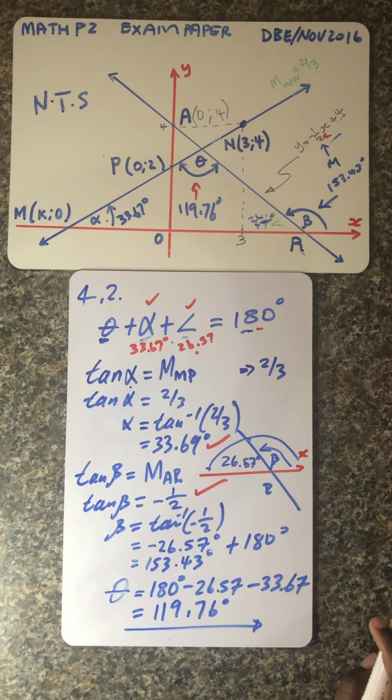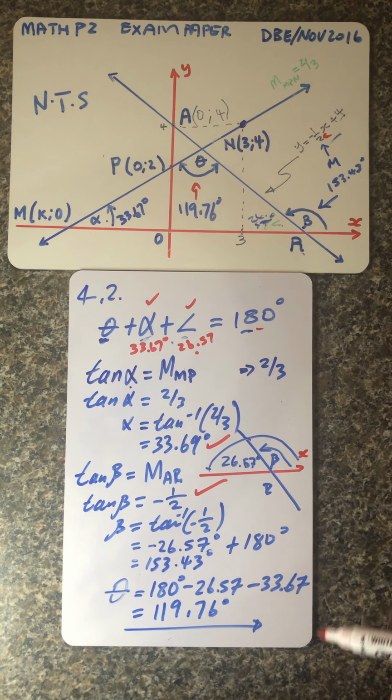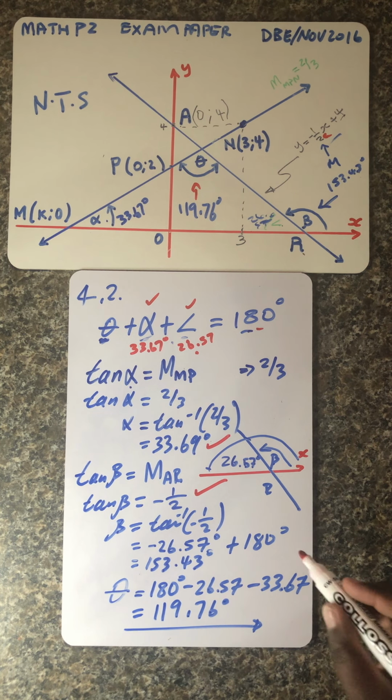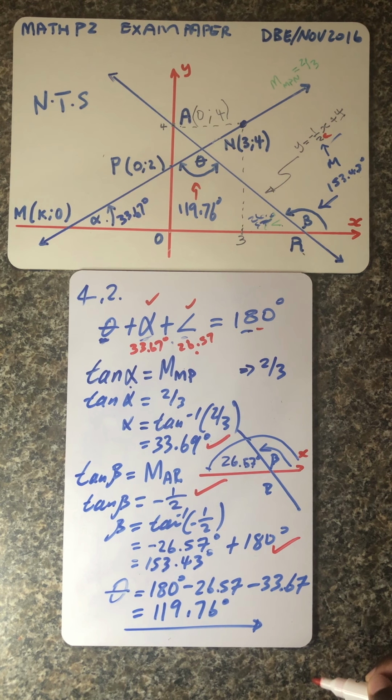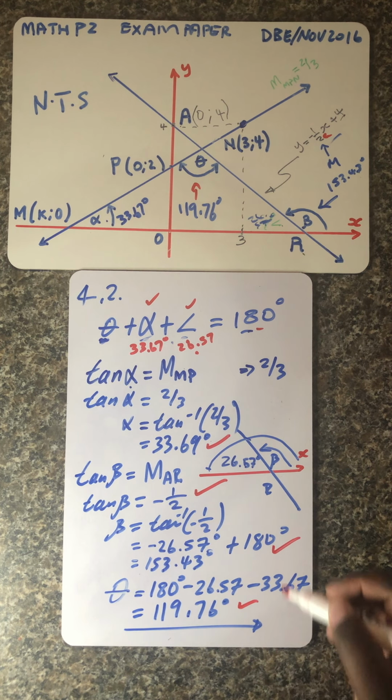And again, for you to calculate that angle there, we can also give you a mark. So we'll give you a mark for calculating that angle, and again we'll give you a mark for the final answer. So this is how you would score.